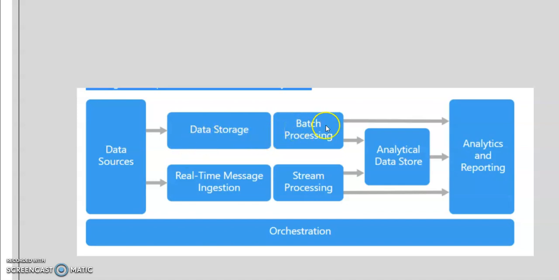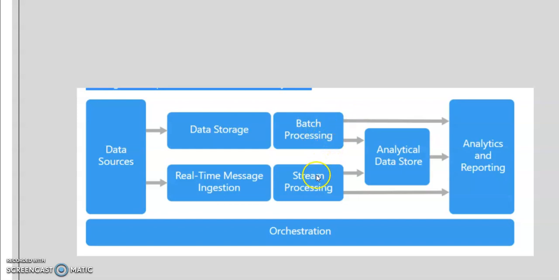Then batch processing: because the data is very large, it could be processed in batches, and for this batch processing we usually use files and process them. Then we include different analytic tools like Azure Data Lake Analytics, using Hive, Pig, or custom MapReduce jobs. So for processing the data in batches, we use different resources.